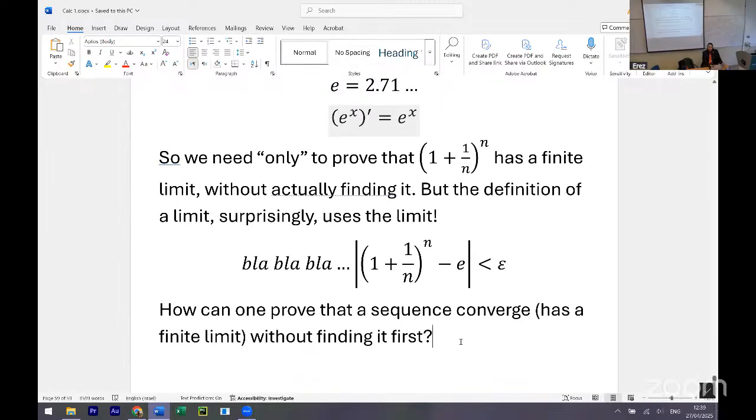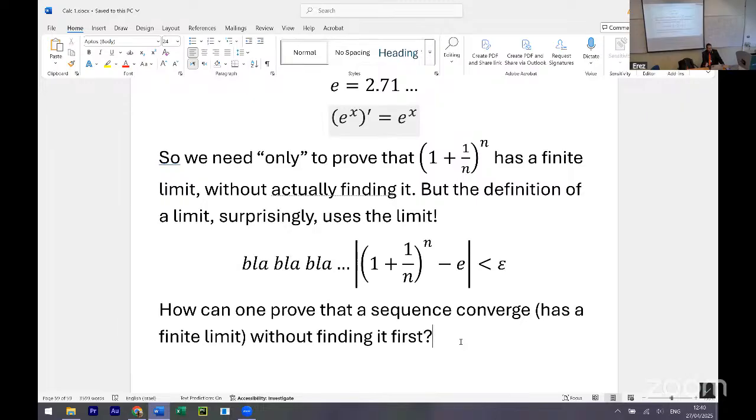So I'll let you give me some answers in a bit, but the answer for this question will be some kind of theorem that we will phrase and prove, and will be important by itself, regardless of e as well.